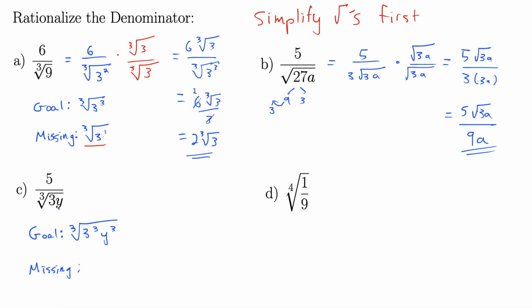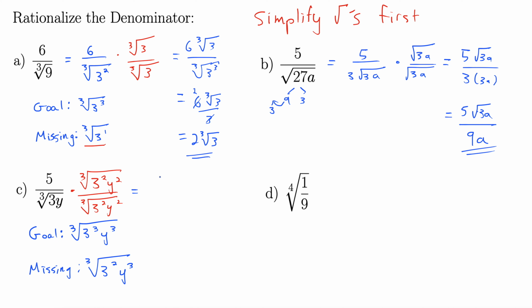We have a single 3 and a single y, so we're missing 3 squared y squared. All right, so that's what we multiply both the numerator and the denominator by, because really we're just multiplying by 1. That's the idea there. 3 squared y squared over cubed root of 3 squared y squared.